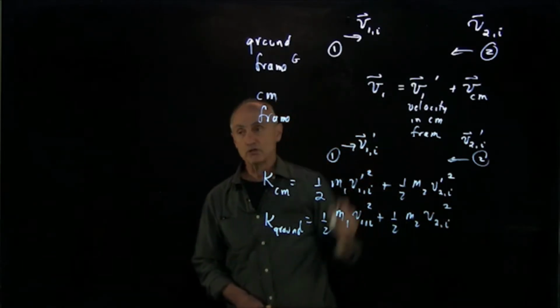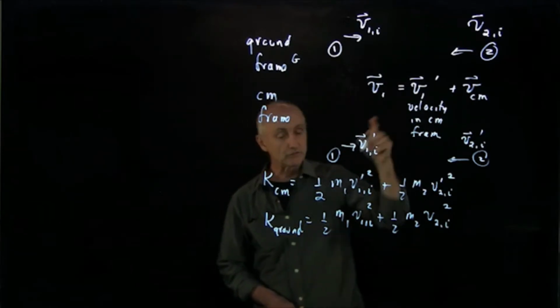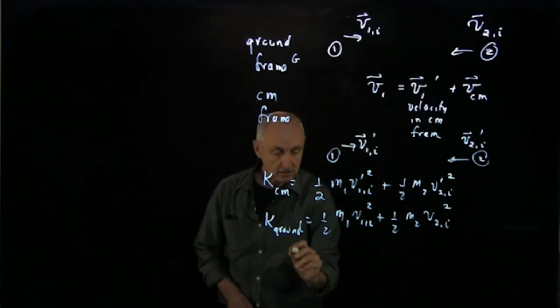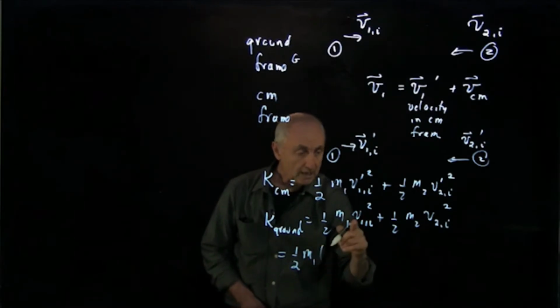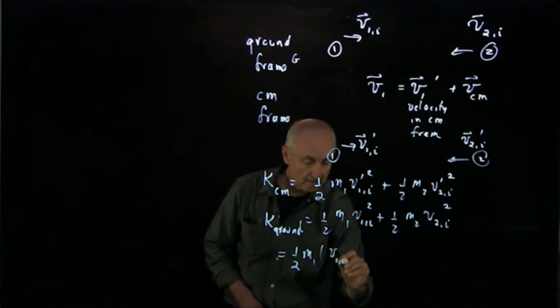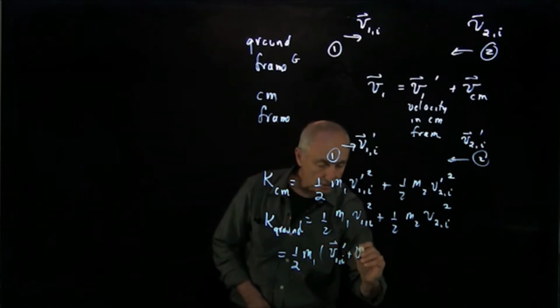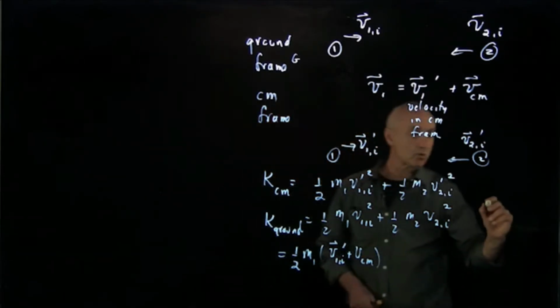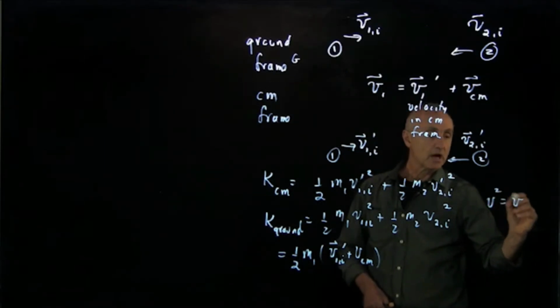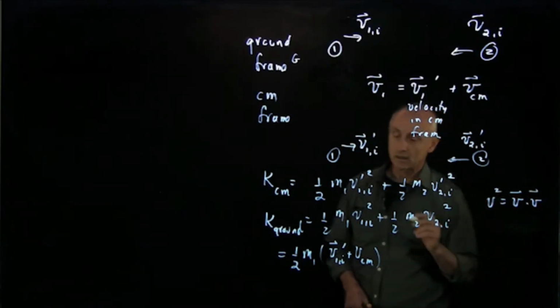Now what I have to do is use the velocity relationship, and this is going to take a little bit of algebra. We have 1/2 m1 times v1 prime plus vcm. And remember that any quantity squared is the dot product, v dot v.